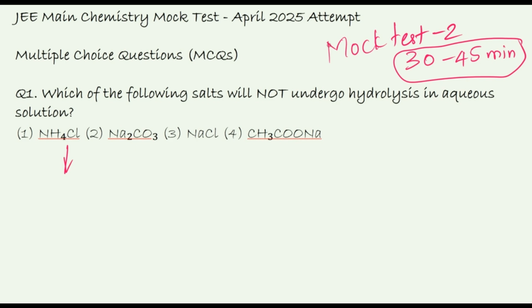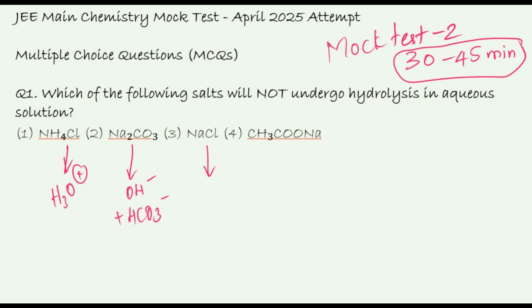That will give you ammonia and H3O+. What about sodium carbonate? Again, that will give you upon hydrolysis OH minus, particularly NaOH and bicarbonate also. What about this guy, NaCl?